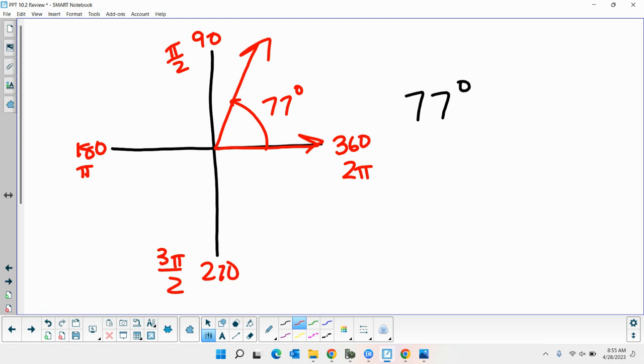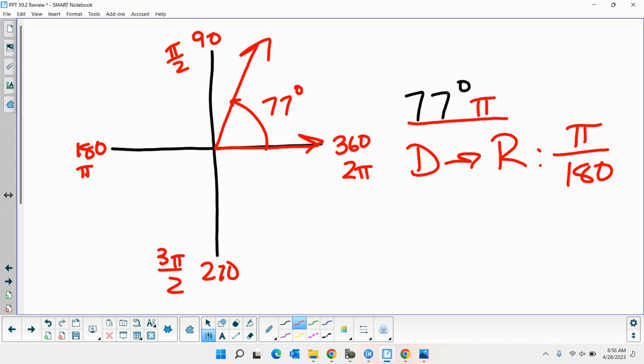Okay? How do we go from degrees to radians? 180 over pi or pi over 180? Good. Pi over 180. All right? So if I wanted to go to radians, I do this.